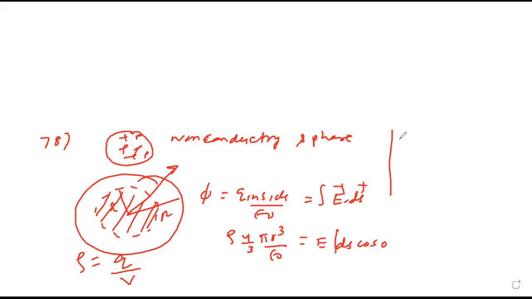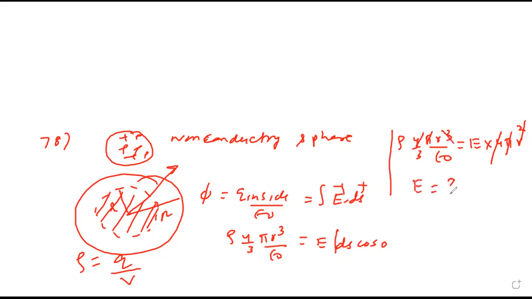Integration. So rho into 4 by 3 pi r cube upon epsilon naught equals E times area. What is area ds for the Gaussian surface? 4 pi r square only. So 4 pi r square, I can cancel.